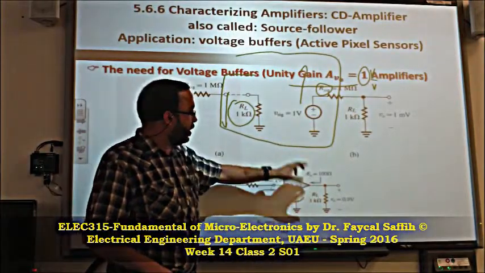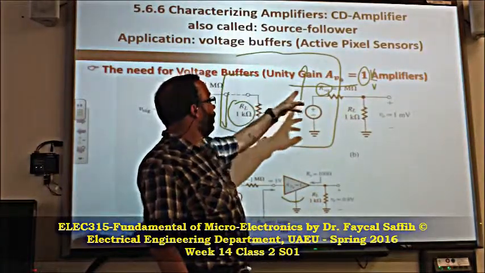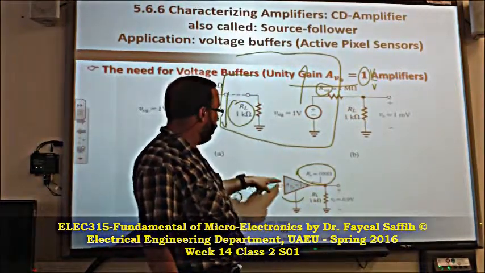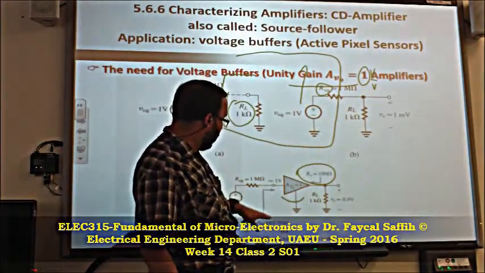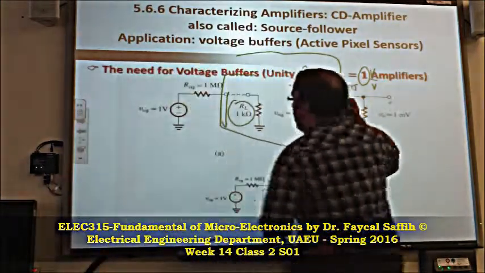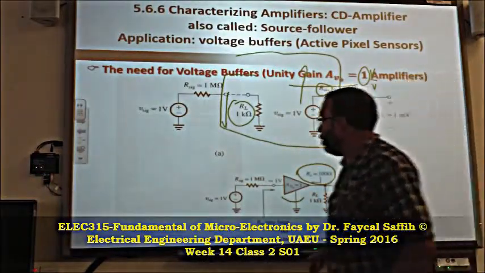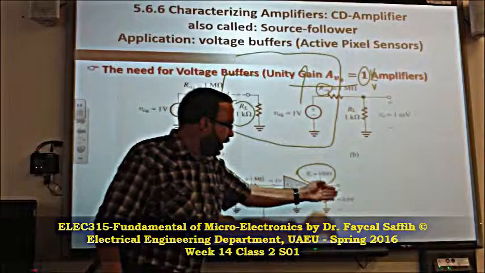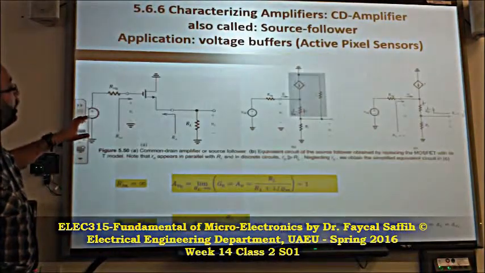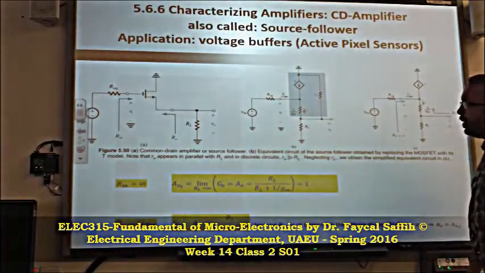But the condition to have this, you have to have a very high output resistance for this guy, as high as possible, and very low input resistance, okay? The other way actually. The input resistance very high and the output resistance very low, okay? Compared to the resistance of the signal and the load. Unfortunately, we don't have much time, but we can discuss it again later on, okay? So this is basically the configuration of the common drain amplifier.